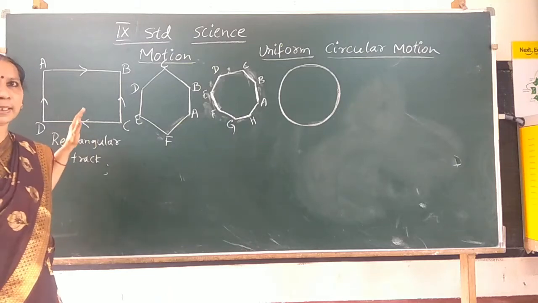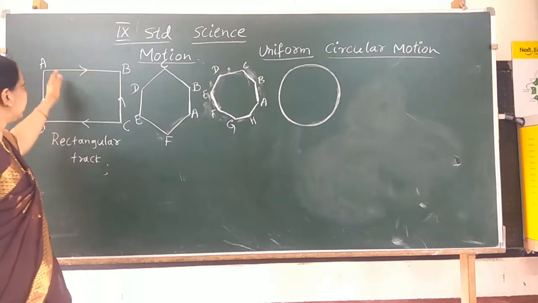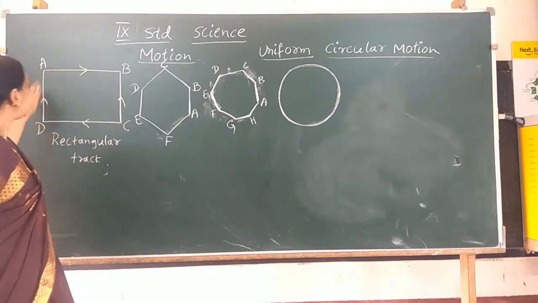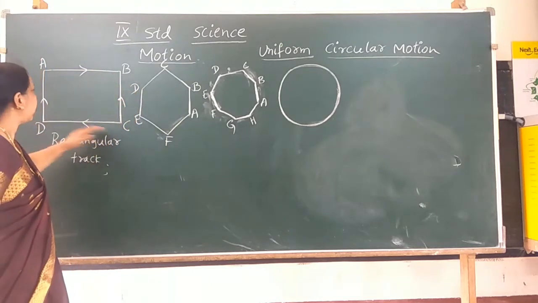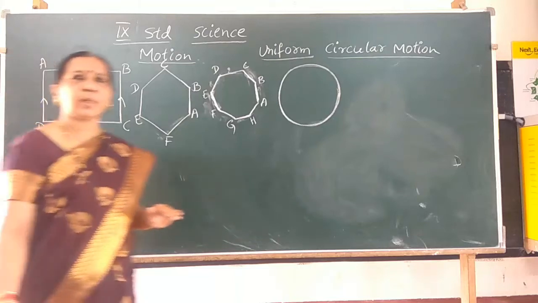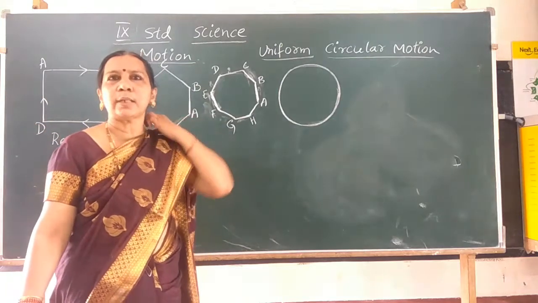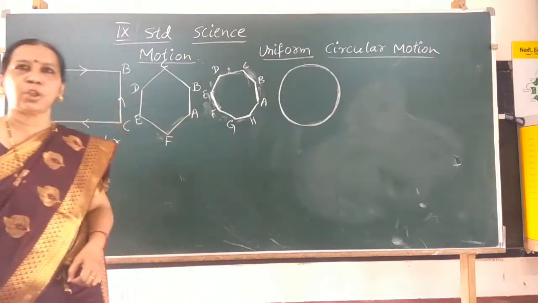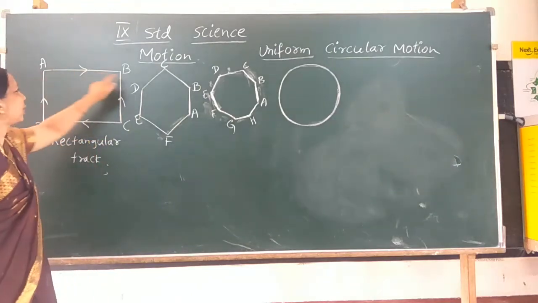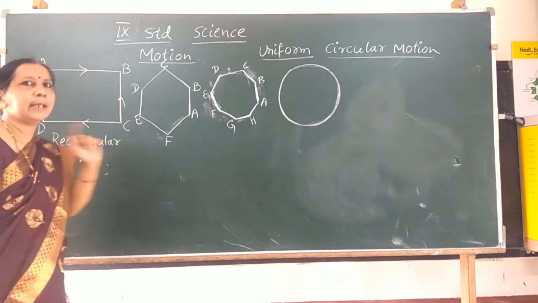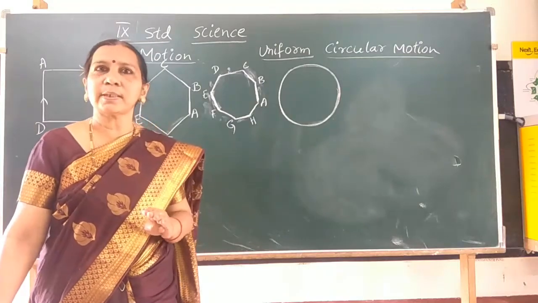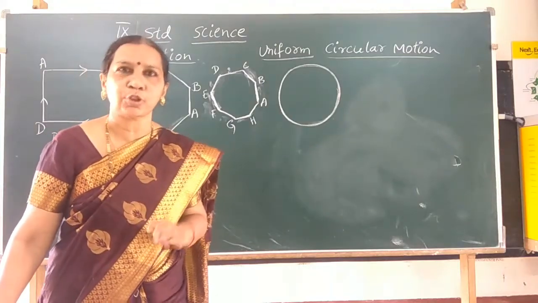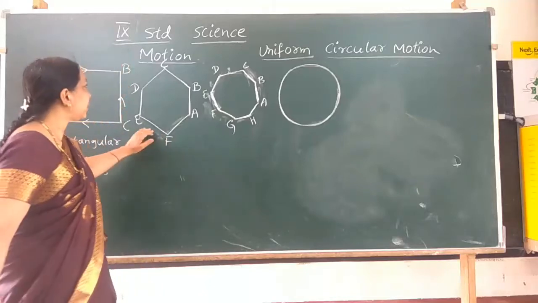How many times does he change the direction of motion? It is 4 times, isn't it? At the 4 corners he changes his direction of motion. 4 times.